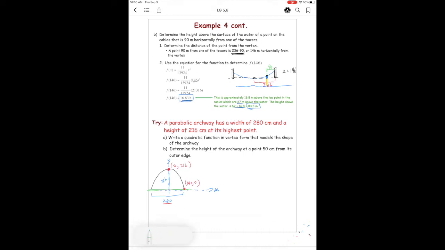Now label. Remember, this is your P, this is your Q, because your vertex, this is your X, this is your Y. Remember this formula, you're going to use it a lot.